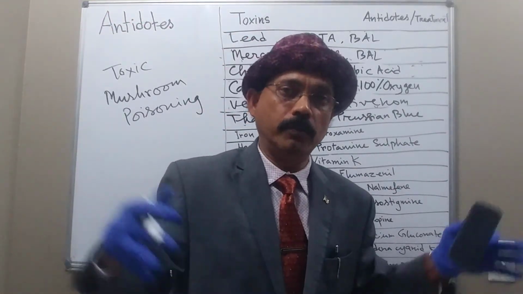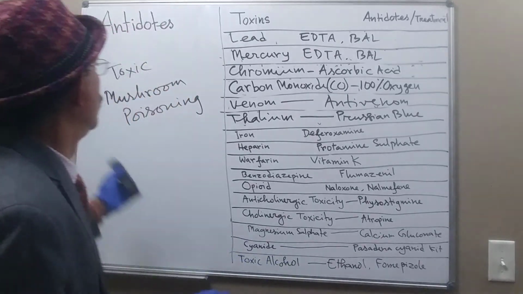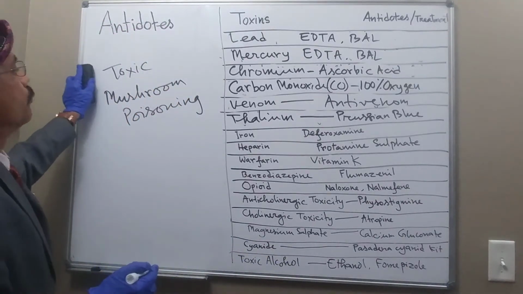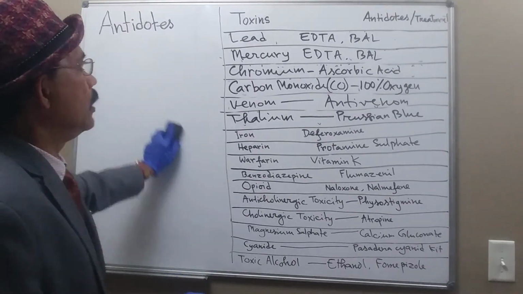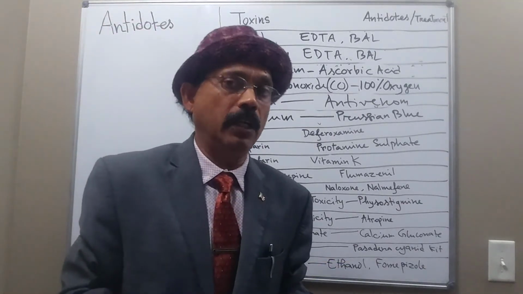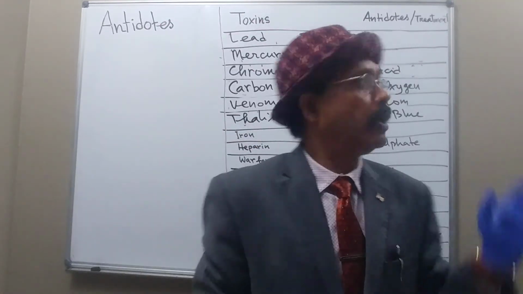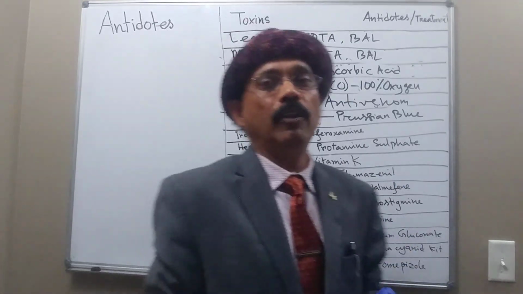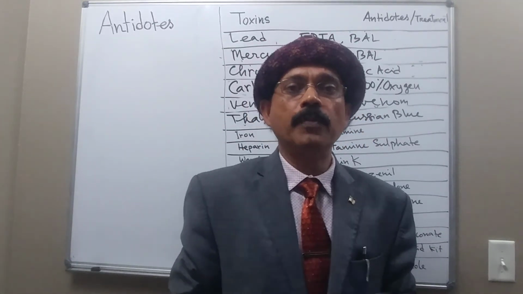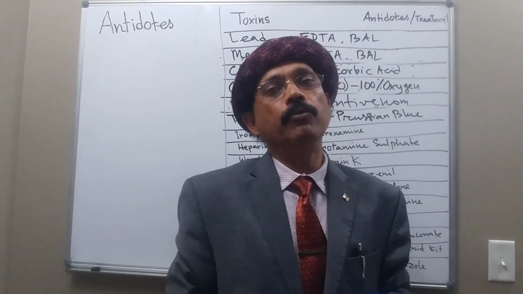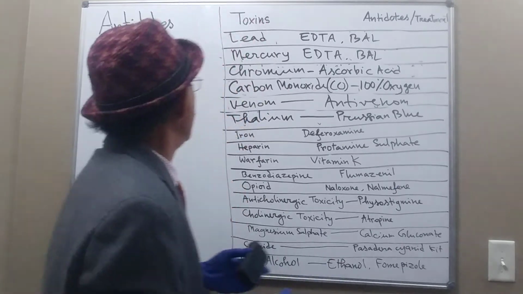It may be supportive, and we can manage the patient in multiple ways. An antidote may be toxic again to some individuals, and antidotes may not be approved by the FDA of the United States. Something which is common in Europe may not be common in the United States.